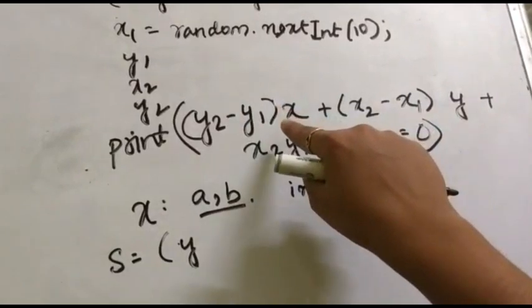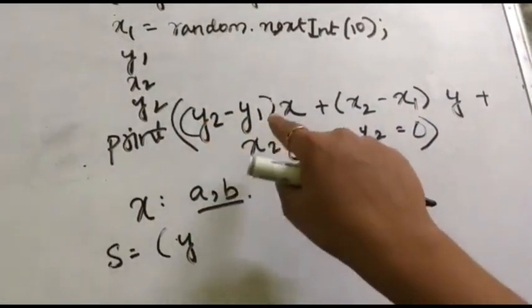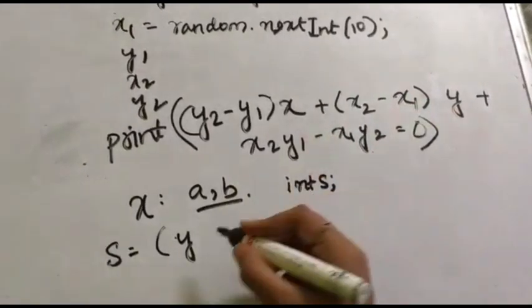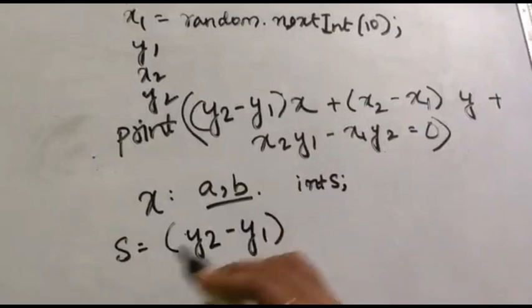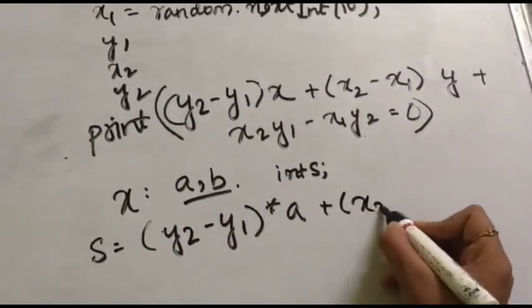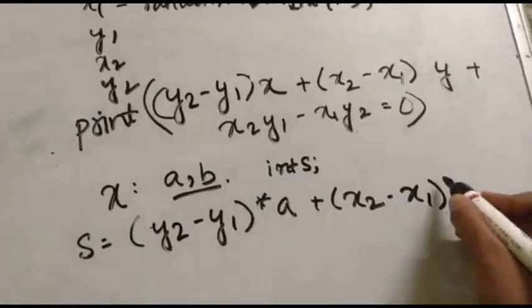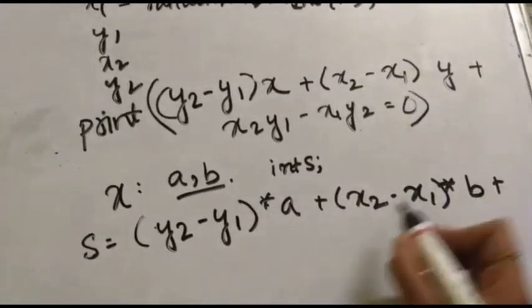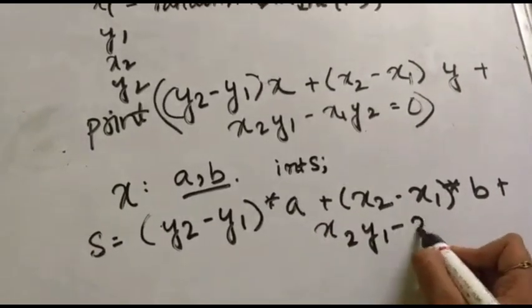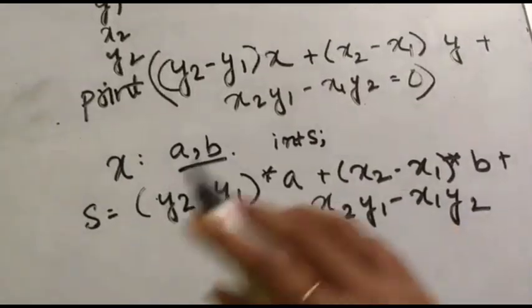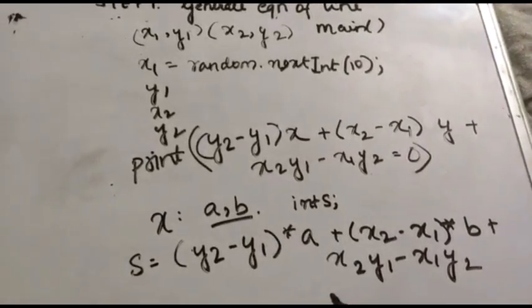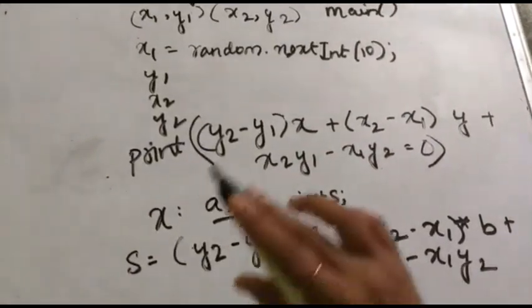Where we have x, we actually have to multiply y2 minus y1 with a, and where we have y, we have to multiply x2 minus x1 with b. So simply we are going to calculate s using this formula. So this is how we have calculated s, and after calculating s, how will we know whether it lies on this equation or not?